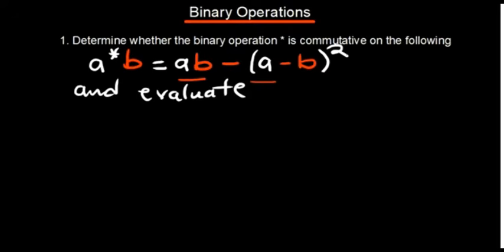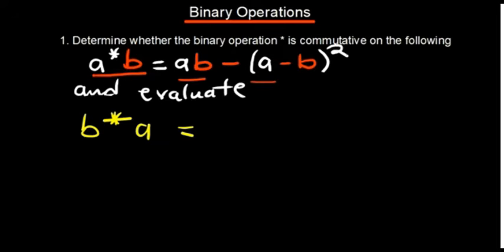If you say A plus B is equivalent to B plus A, it means that it is commutative. When you're proving whether a binary operation is commutative, you need to say, since we have been given A star B, how about if I say B star A? Are we going to have the same result? If we have the same result, then the binary operation is commutative.